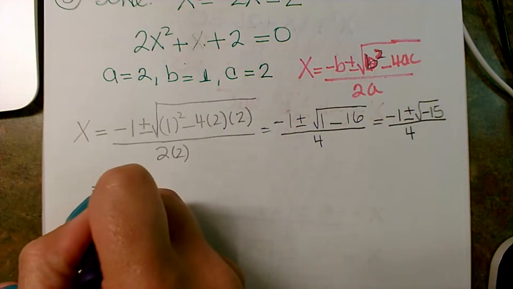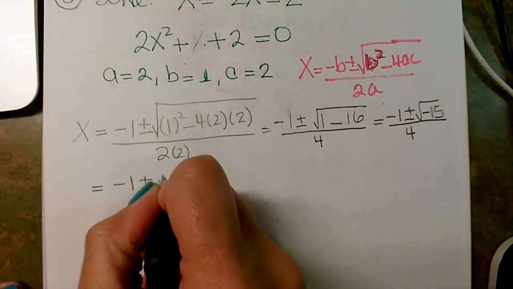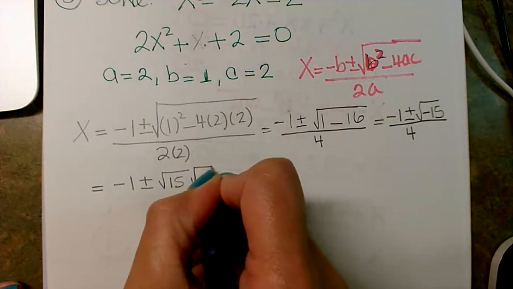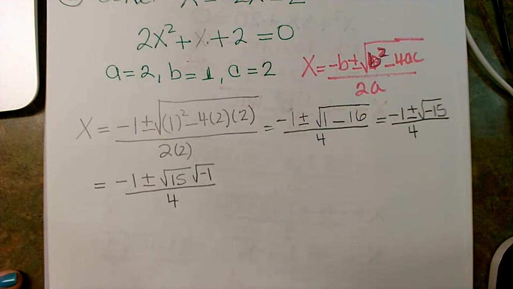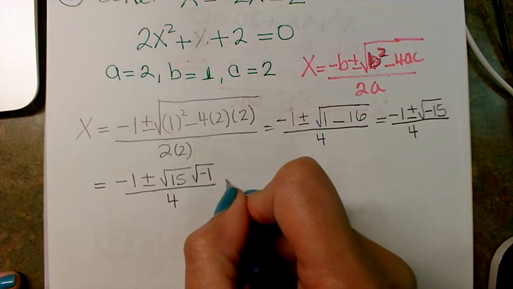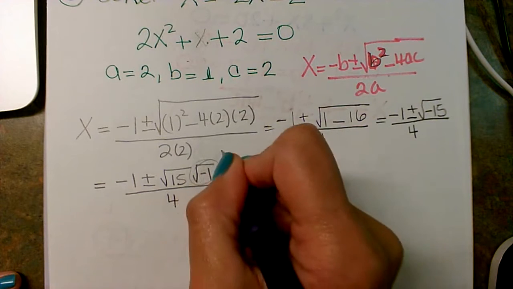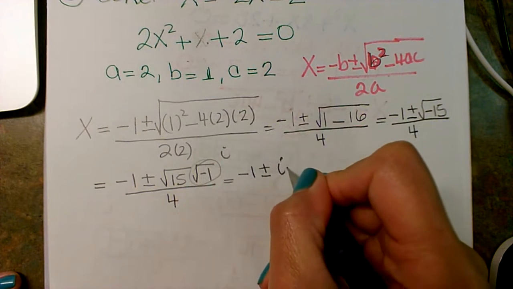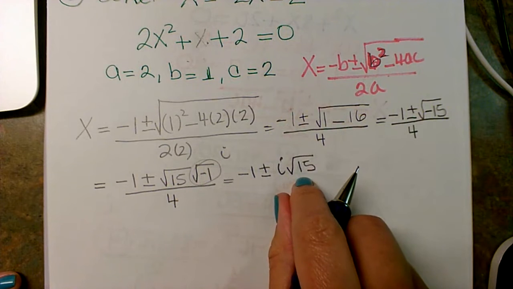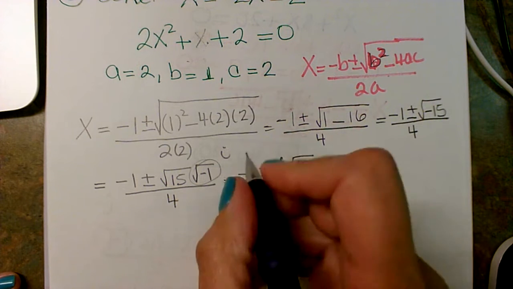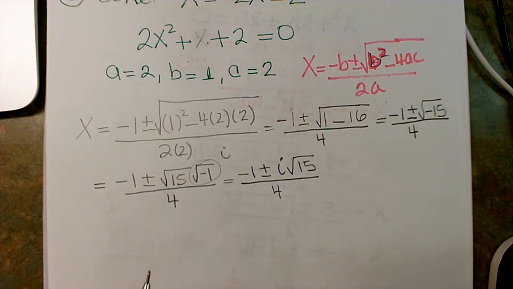Let me go back here. That will be what? Negative 1 plus or minus the square root of 15. We're going to divide it. That's how we do it with the imaginary numbers. So this is negative 1 plus or minus, what is this one? I. We're going to write the I in front of the square root. Divided by 4.